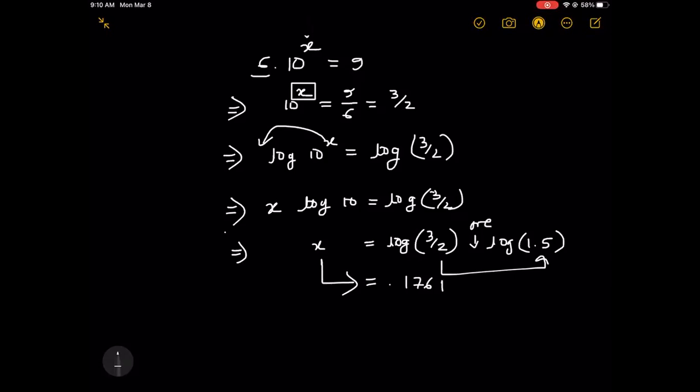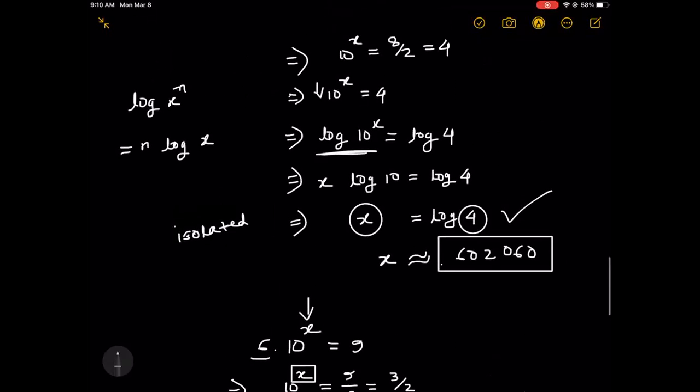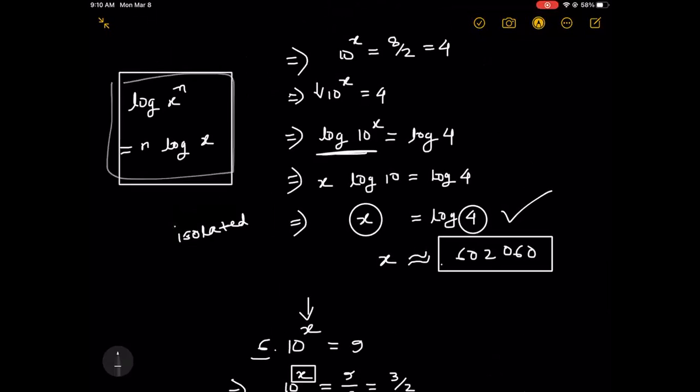It could be x, it could be n, depending on the problem. Try to isolate that. For that, you need to take log on both sides, right? And use the exponent property, which is this one. And then you just need to see what value it gives.